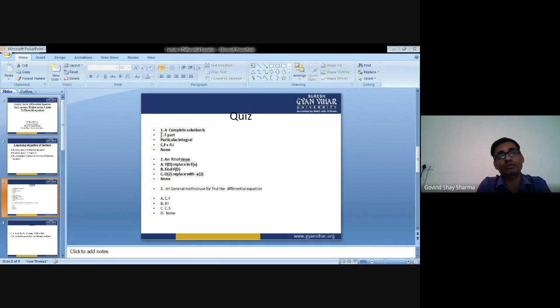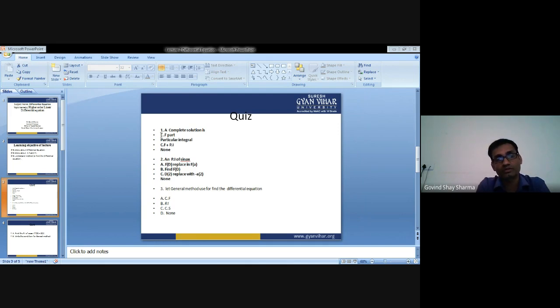D square is replaced with minus a square, in brackets this is square. So this is the right answer, because F(D square) is converted to F(minus alpha square).